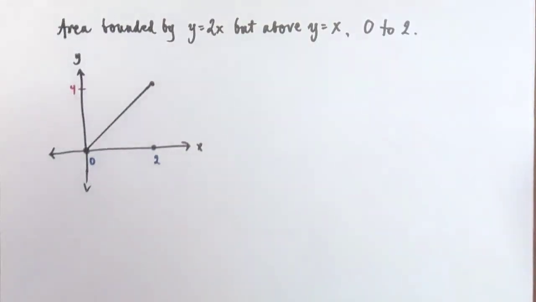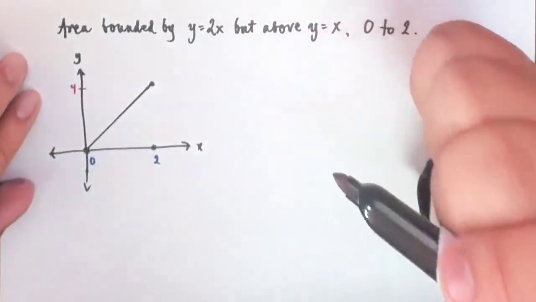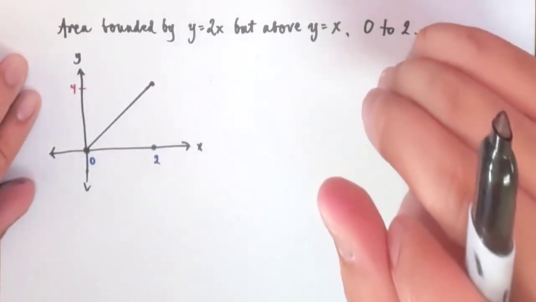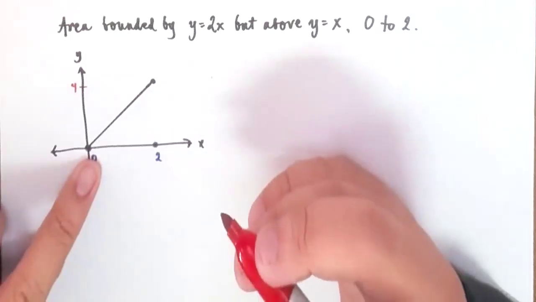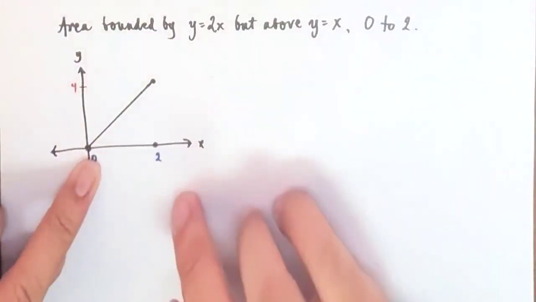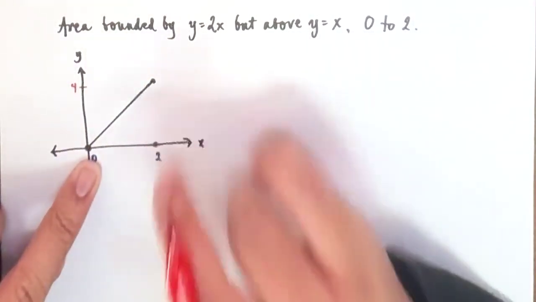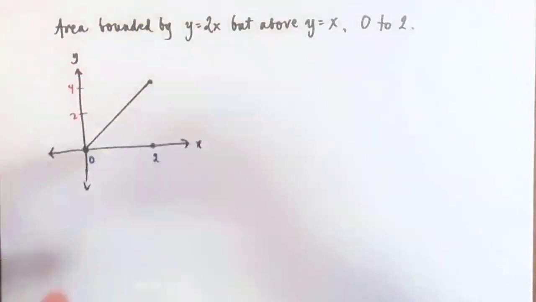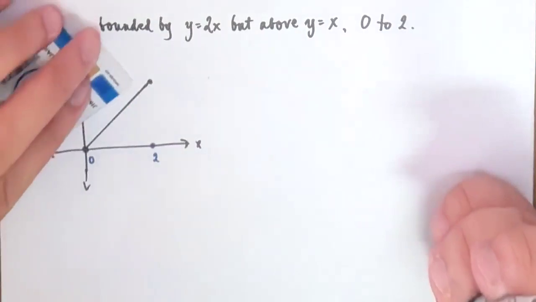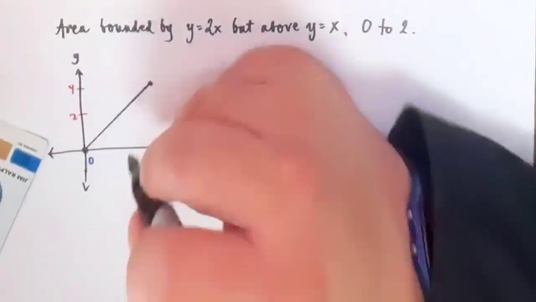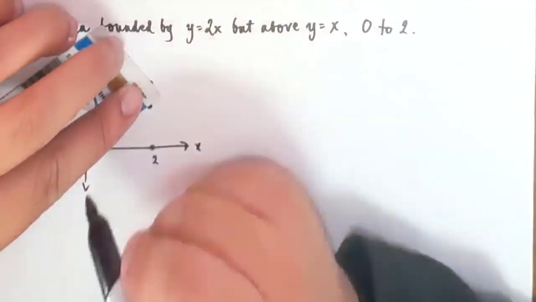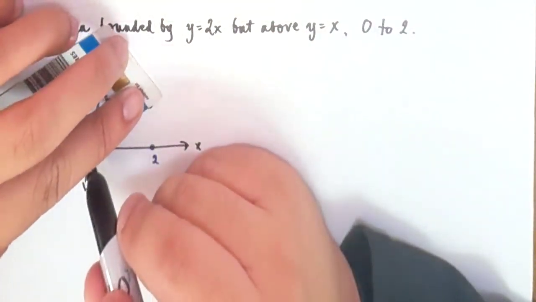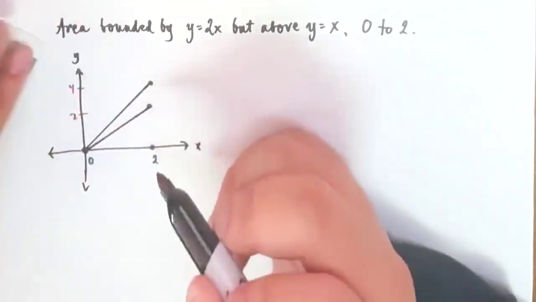Nah. So it's that. Then, of course, we also have y equals x. So it's from 0, 0 still, but now it's up to 2, 2. So something that looks like this.